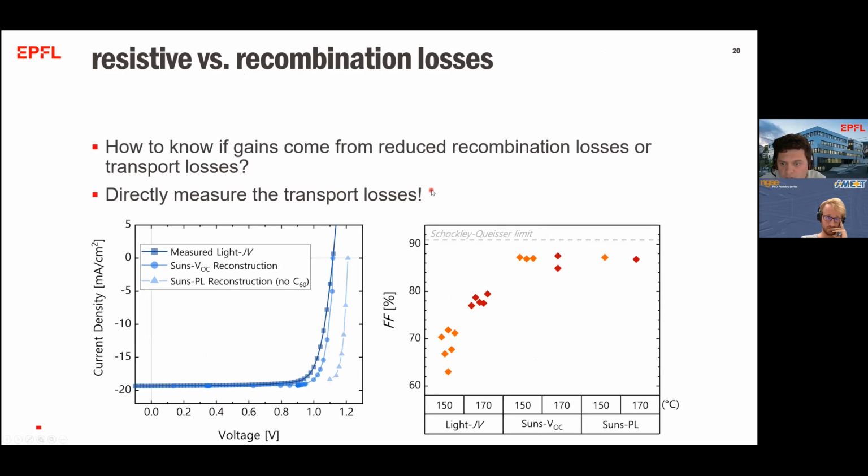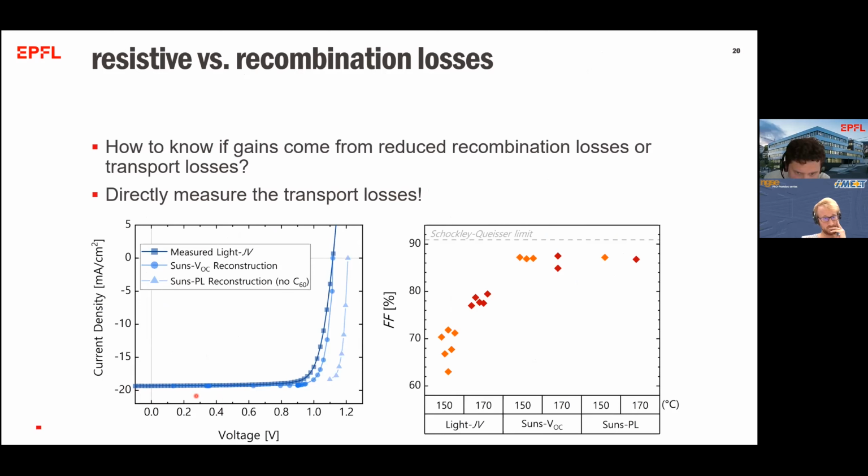In dark blue, again, just a JV curve. And then as before, the Suns-VOC, so VOC and JSC as a function of intensity, and a reconstruction of the JV curve to quantify the losses due to transport. And then finally, a technique that Martin and I used in perovskites while still in Potsdam.